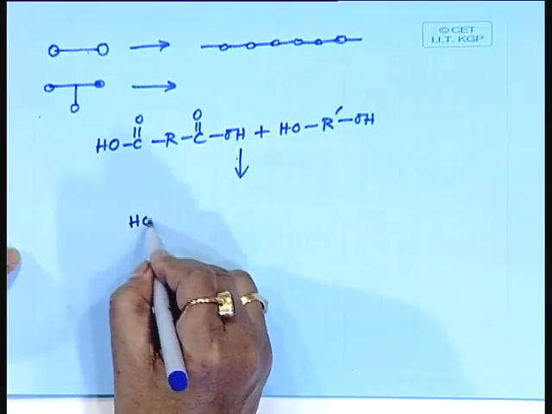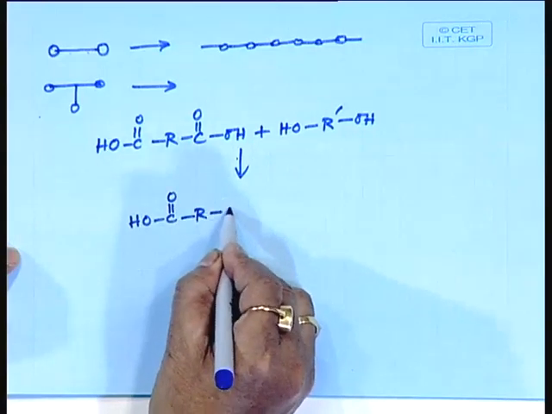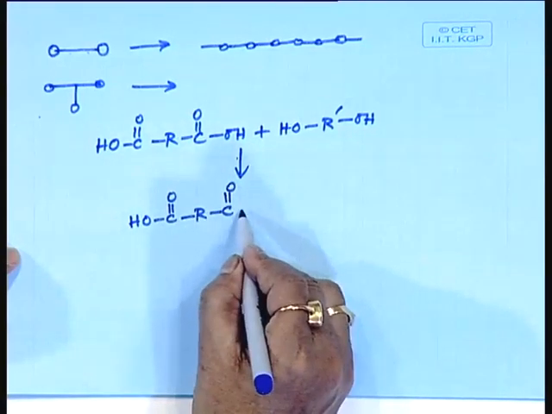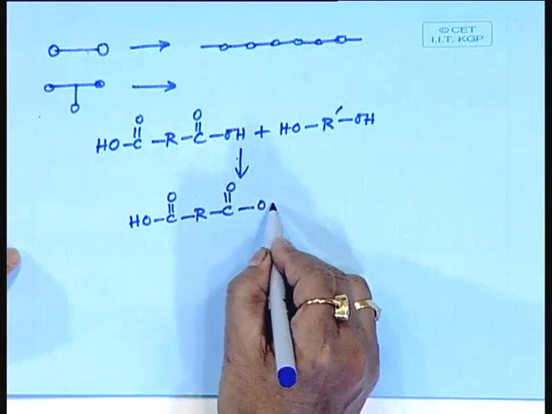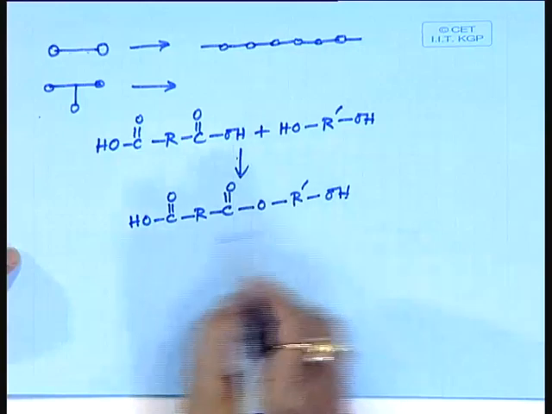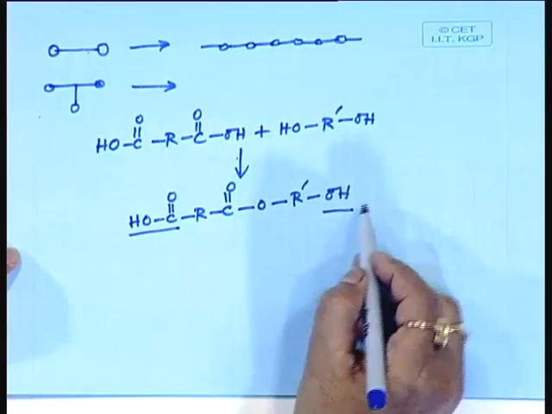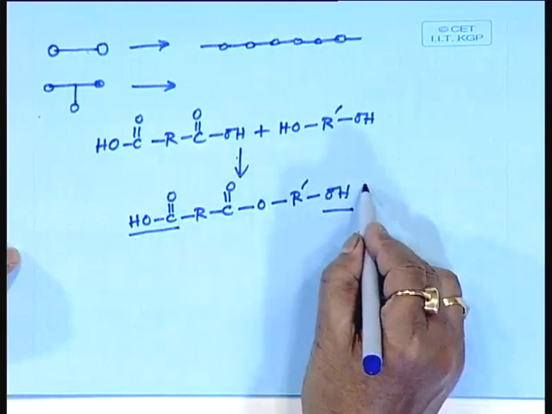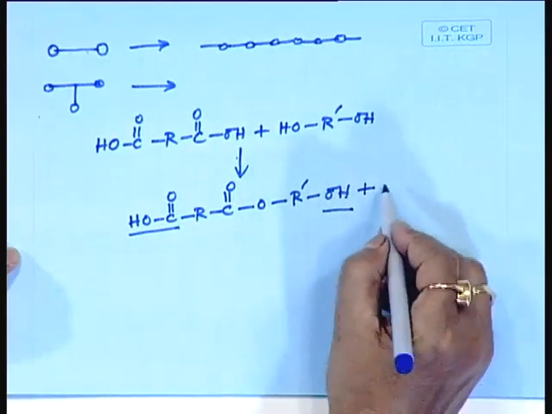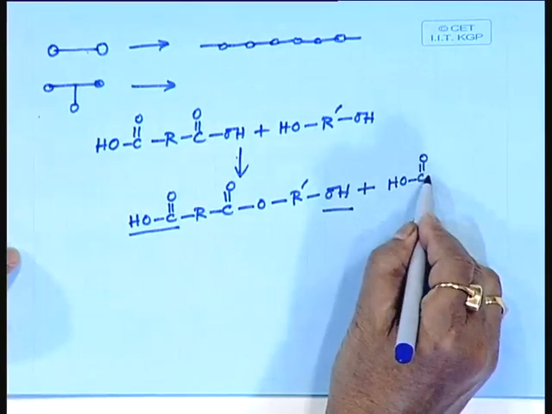So, it will lead to this intermediate, at this end an acid group, at this end an alcohol group. So, this will further react at this site with one acid functional group.